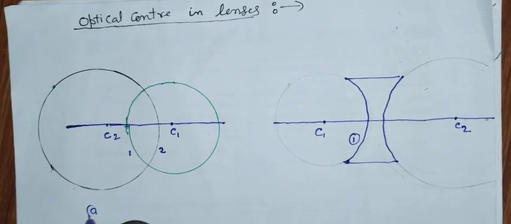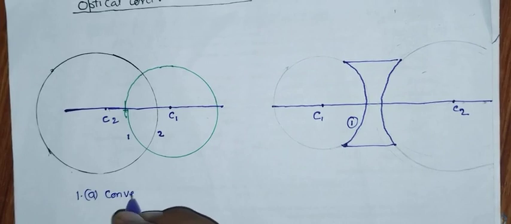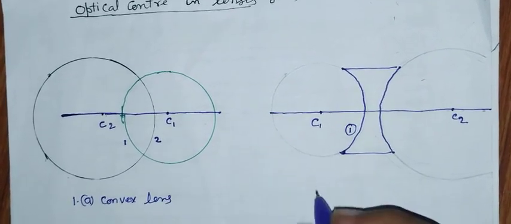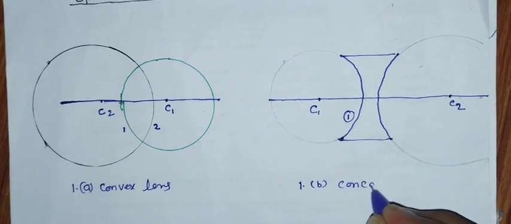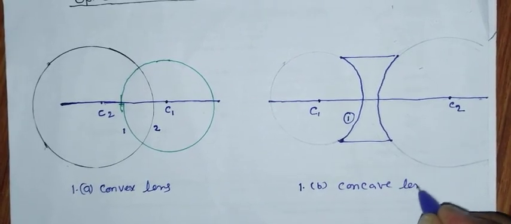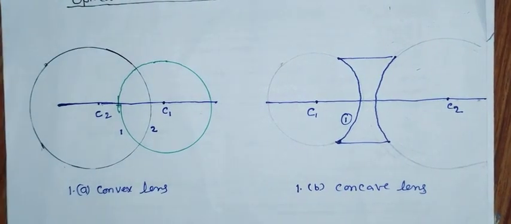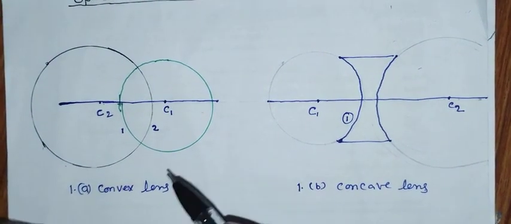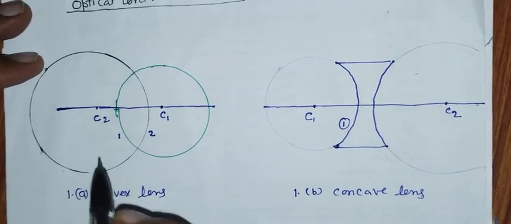So diagram 1A is the convex lens, and 1B is the concave lens. First of all, in the convex lens, we are going to see the phenomenon of refraction using this lens.